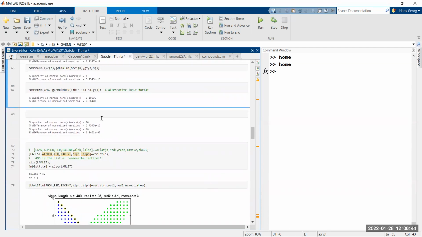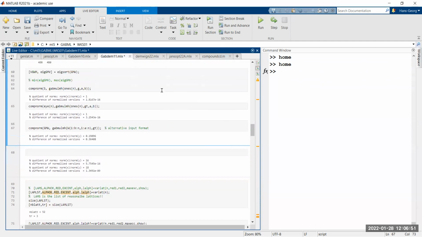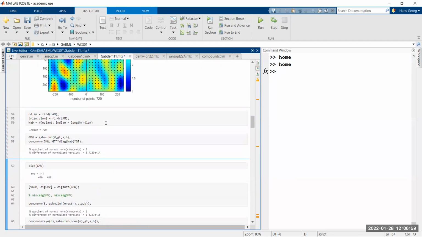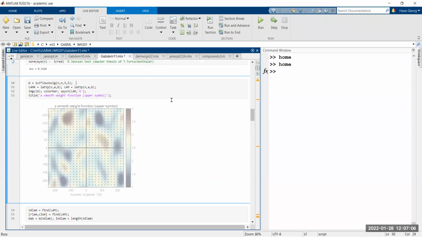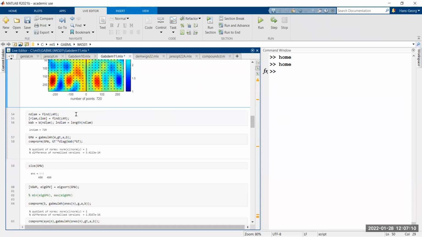Now, there is something wrong here. You see here, the old command was this. Yeah, probably, let me see, the change of the weight was the problem.